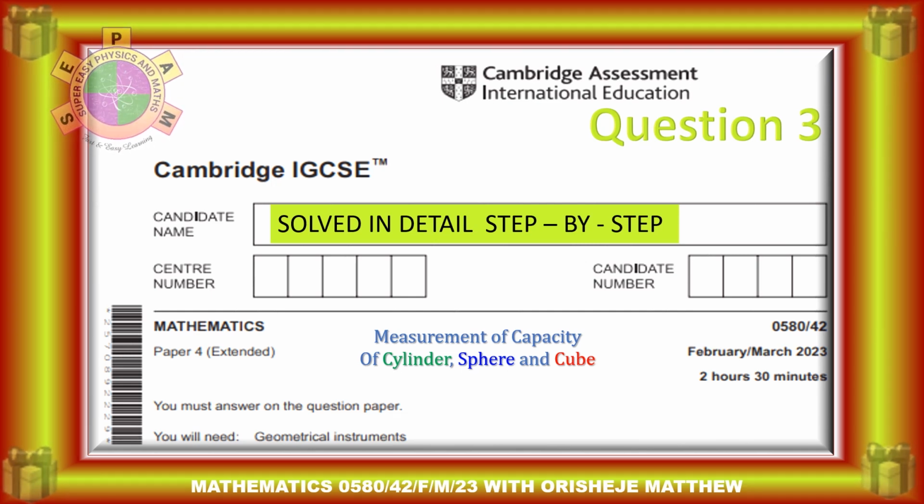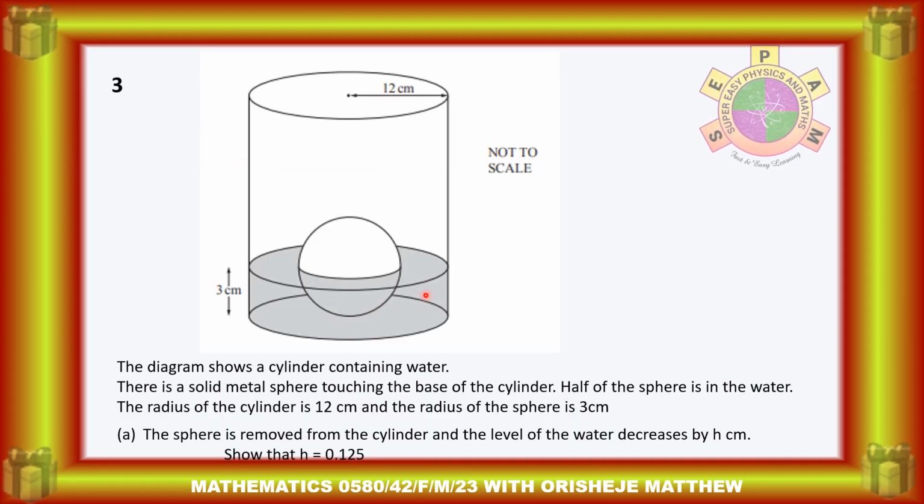Let's jump in. All right, this question 3, and this diagram shows a cylinder containing water. There is a solid sphere touching the base of the cylinder. Half of the sphere is submerged in the water.